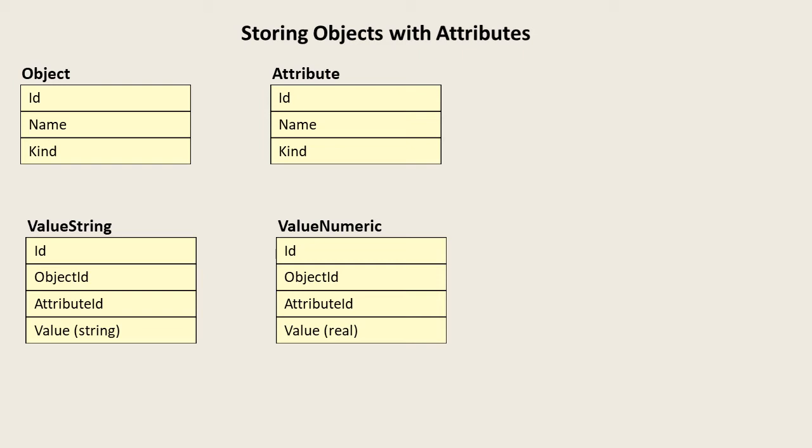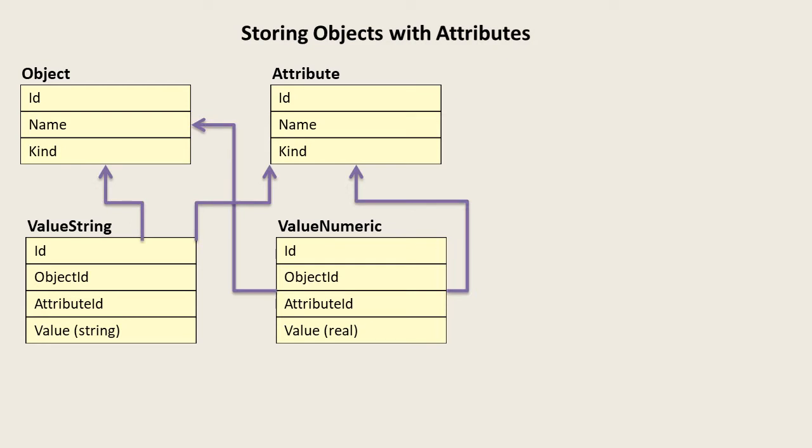And in the second table, the value type is real, which means that it is storing fractional numbers. So I'm showing an example where we can only have two types of attributes, string and numeric. If we need to support dates, logical attributes, anything else, we will simply add a corresponding table to the schema.